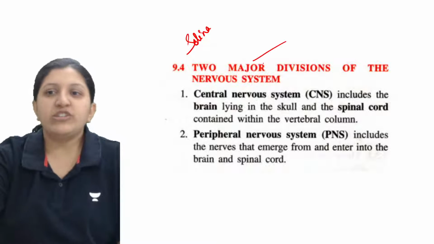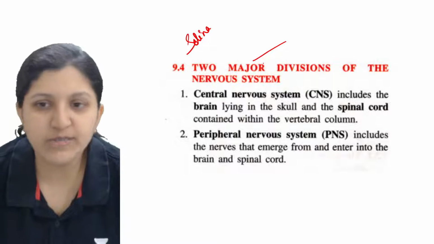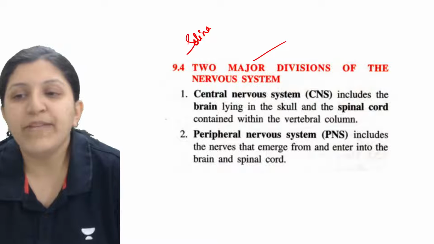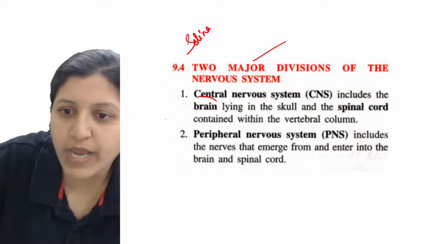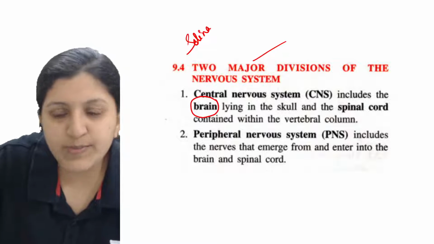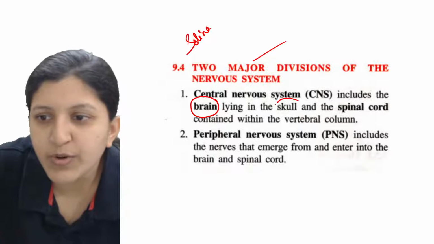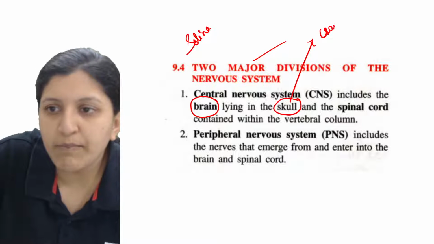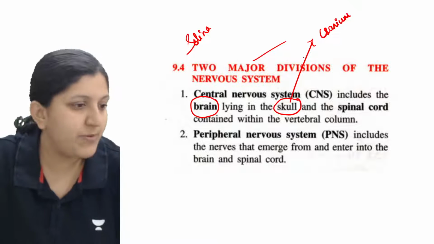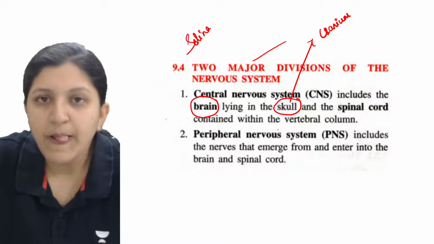Two major divisions of the nervous system. There is the central nervous system, CNS, which includes the brain. This is protected by the skull, mainly the cranium part. So the cranium provides protection to your brain.